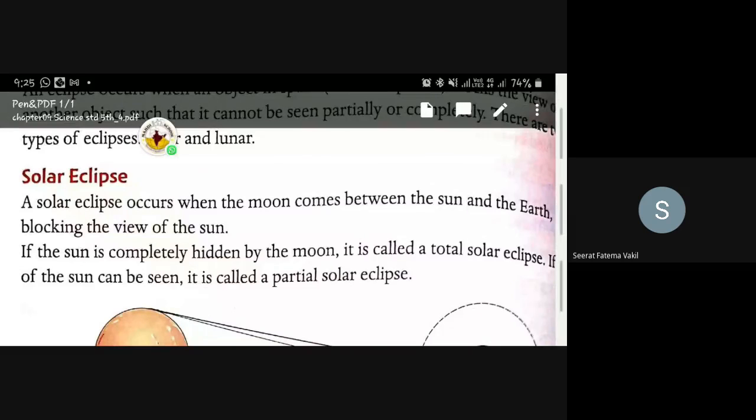If a part of the sun can be seen, it is called a partial solar eclipse.